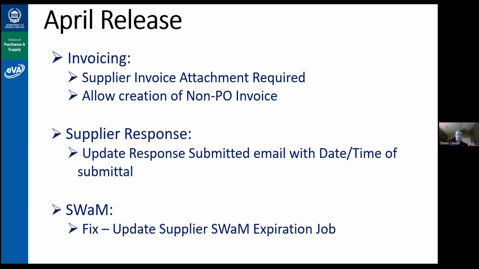It gets removed from the supplier profile. That wasn't happening. The expiration dates were accurate, it's just that the removal piece was not occurring. So we got a little update and a fix on that, to make sure that the SWAM is then fully removed and pushed out of eVA. So a little fix there in April.